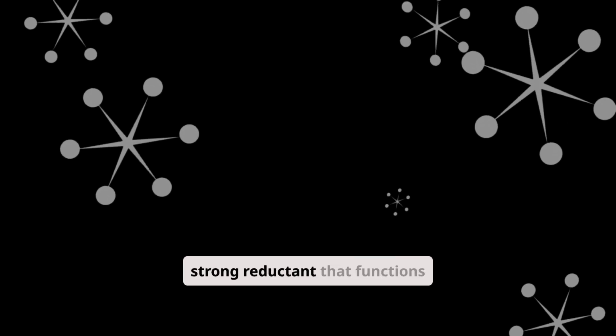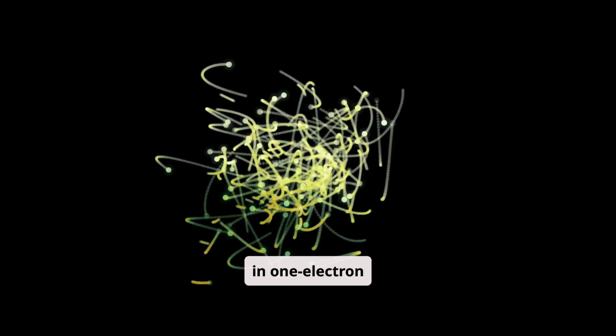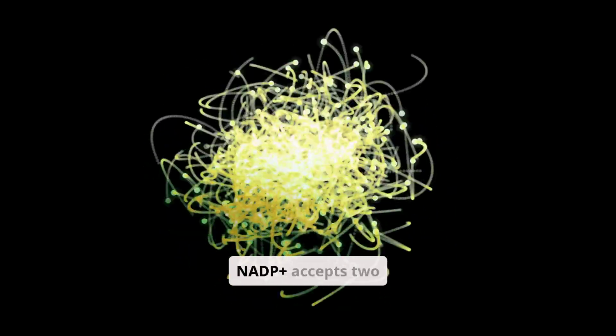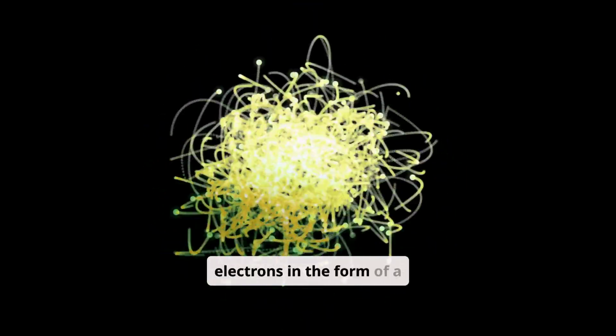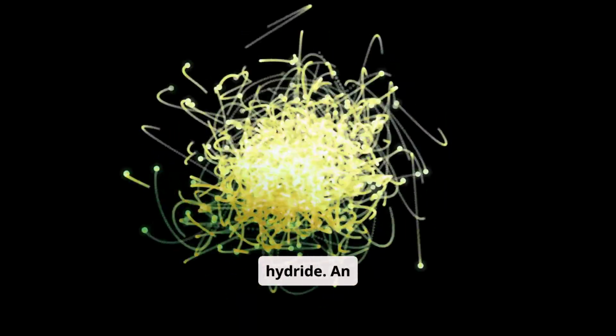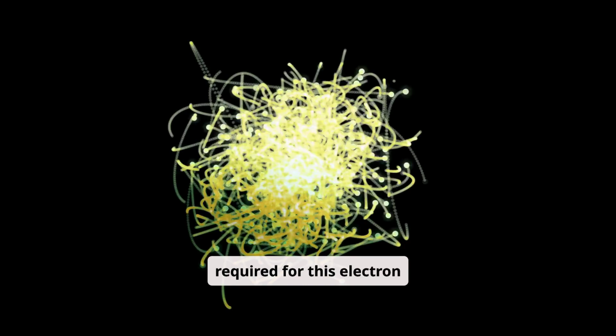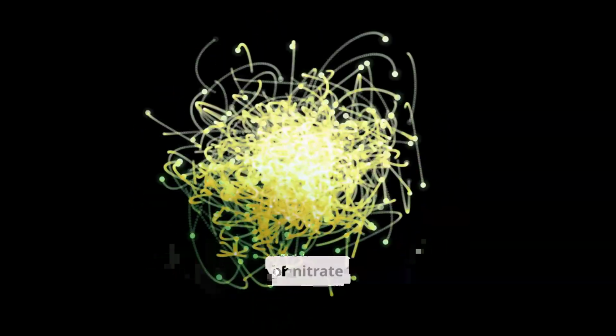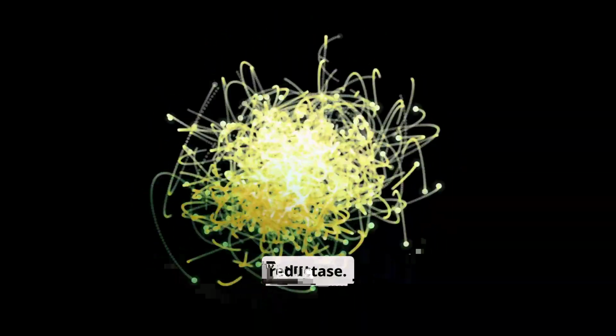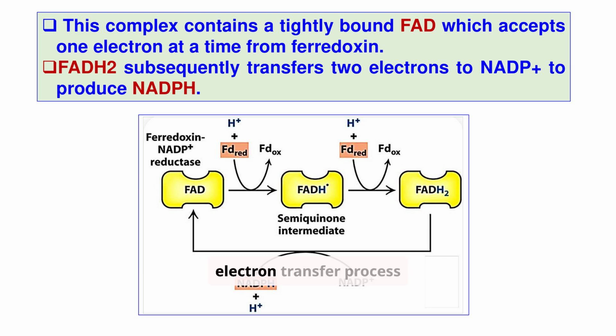Ferredoxin is a strong reductant that functions in 1-electron reductions, while NADP+ accepts 2 electrons in the form of a hydride. An intermediate molecule is required for this electron transfer, and the process is catalyzed by NAR, or nitrate reductase. This diagram illustrates the electron transfer process involving FAD, or flavin adenine dinucleotide, in ferredoxin-NADP+ reductase.